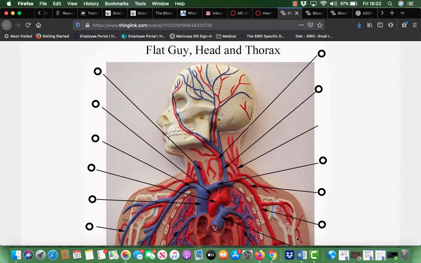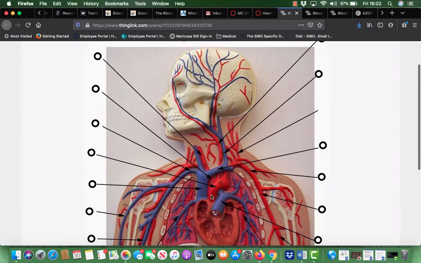First, I'm going to go through the branches off of the aorta. Remember, this is the ascending aorta coming off of the heart here. The left ventricle is going to pump blood into the aorta through the aortic semilunar valve into the ascending aorta and then into the aortic arch. So that's your first label there.